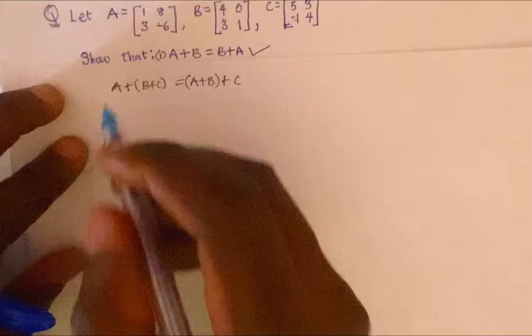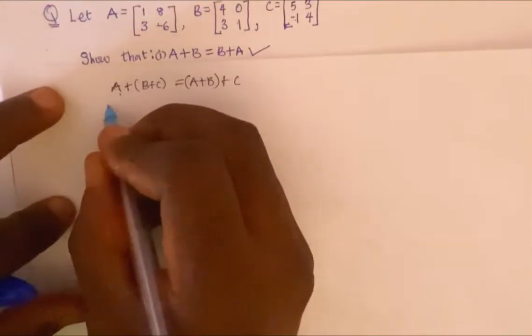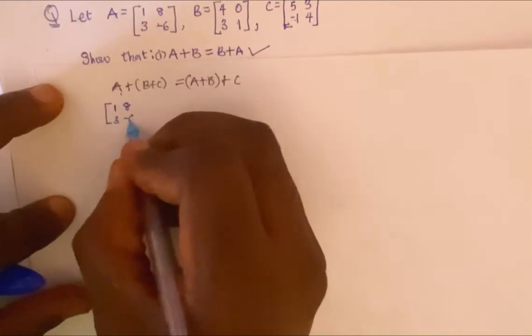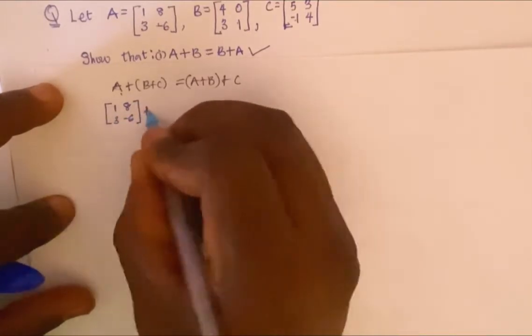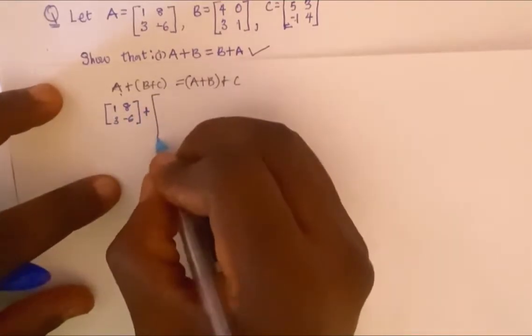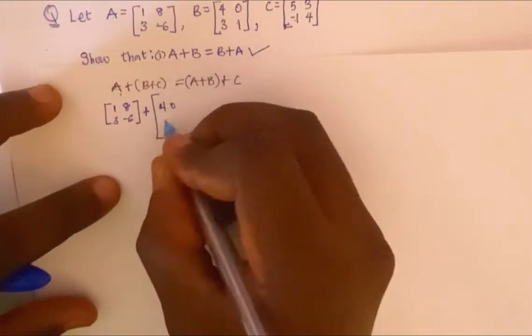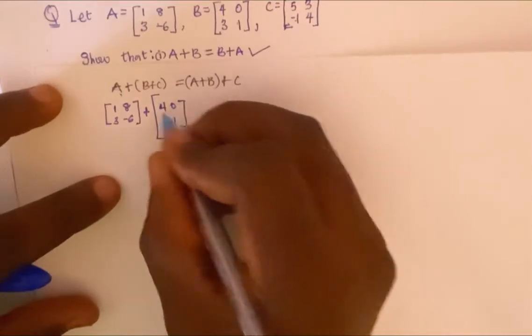So let's go ahead. My matrix A is simply 1, 8, 3, and minus 6. Then plus, let me open those big brackets here, B and C, which is 4, 0, 3, and 1, then close the brackets.